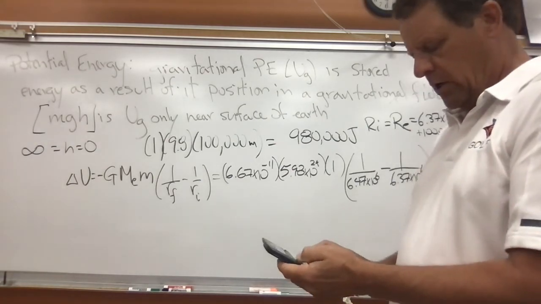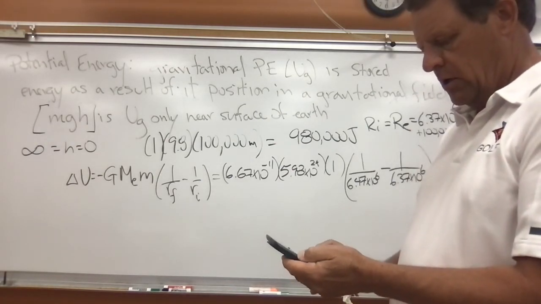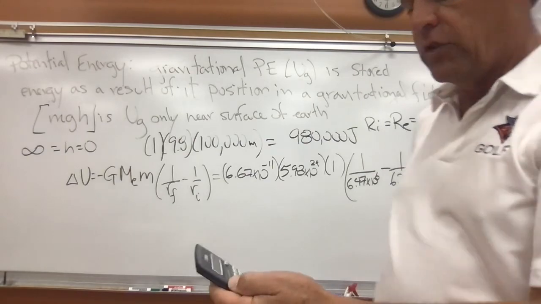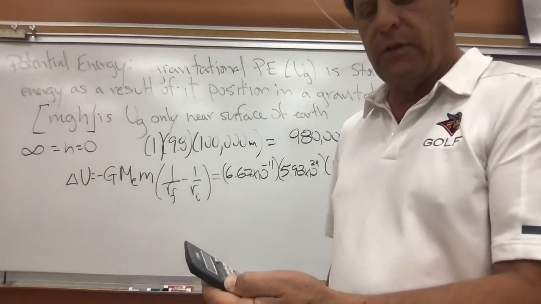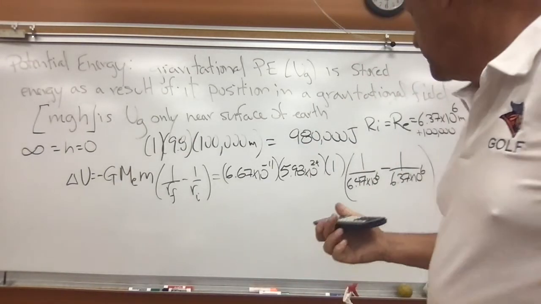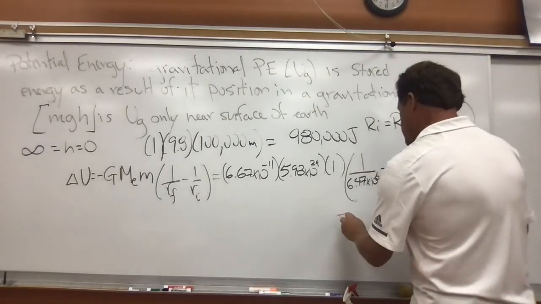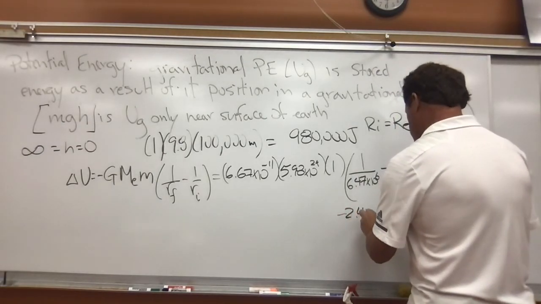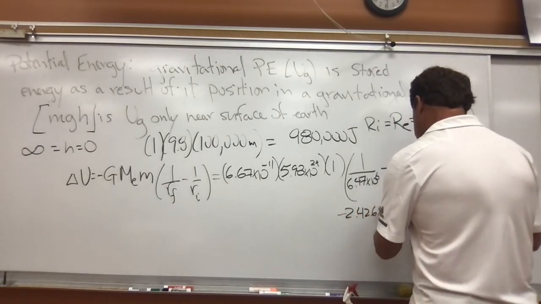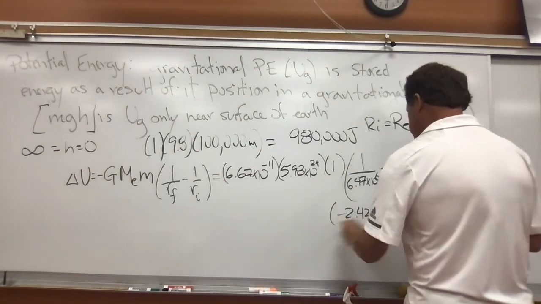Now we are at negative 2.4 times 10 to the negative 9th. Okay, so I'm going to plug that in. So this is negative 2.426 times 10 to the negative 9th.